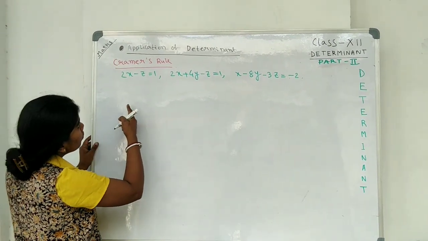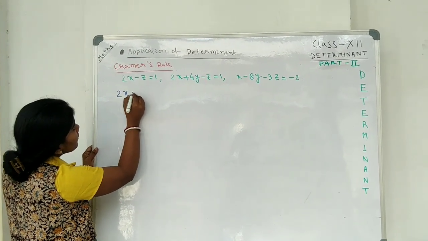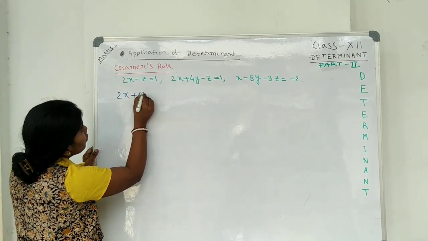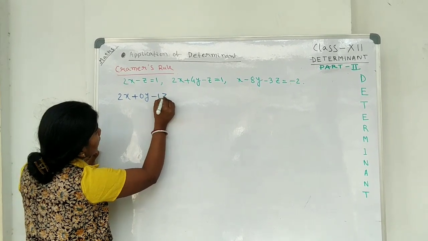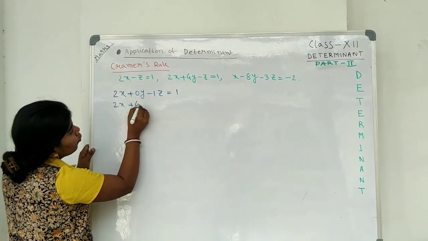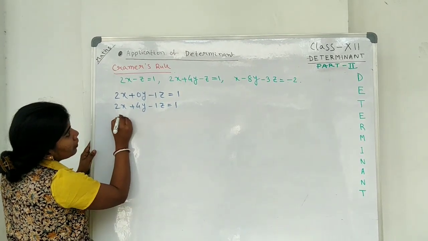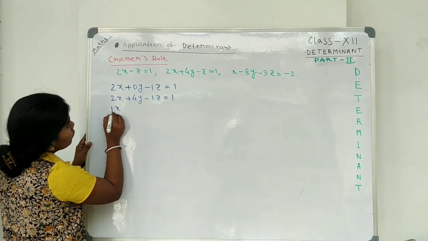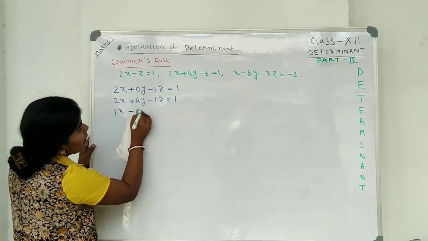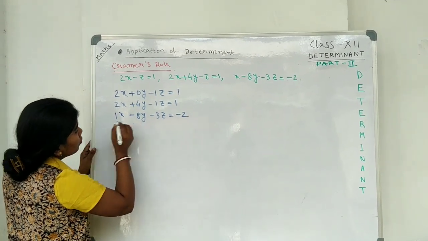What you will do, you will rewrite the equations as 2x plus 0y minus 1z equal to 1, 2x plus 4y minus 1z equal to 1, and 1x minus 8y minus 3z equal to minus 2.